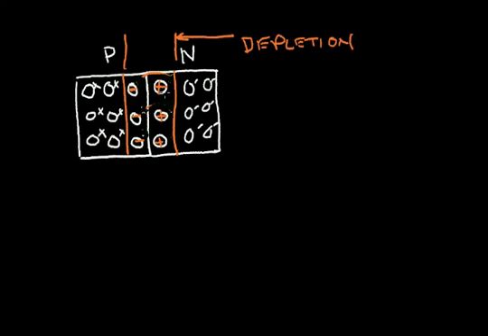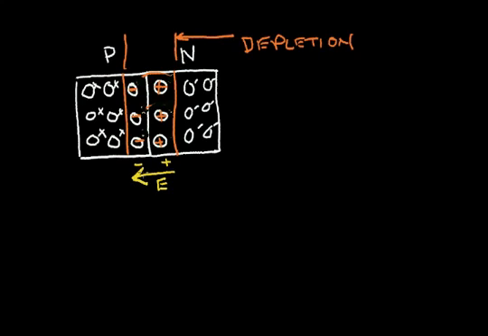Now, observe what happens. Since I have positive on this side and negative over here, inside this depletion region, there's an electric field that points in this direction. Now, recall that an electric field is a measure of force on a small positive charge in this region. So what's going to happen is as these holes try to diffuse towards the right, they're going to be pushed away by this electric field.